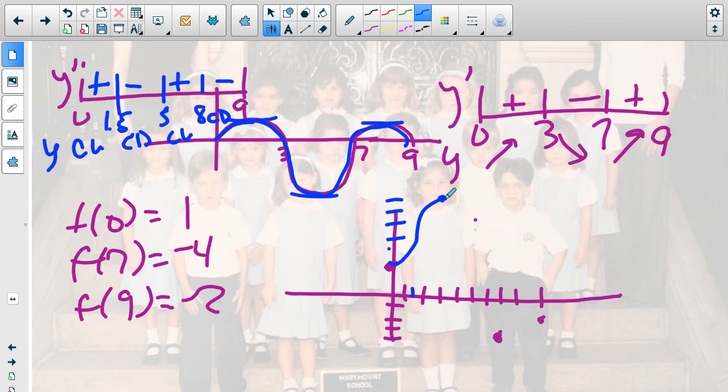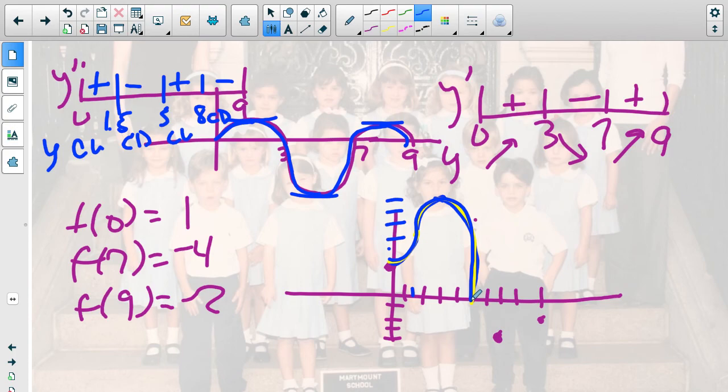Now it's concave down all the way until I get to 5. And do we have f of 5? We don't even have f of 5. But it's concave down all the way until we get to 5. Alright, y'all see this concave down part right here? And this is concave up. Concave up, concave down.